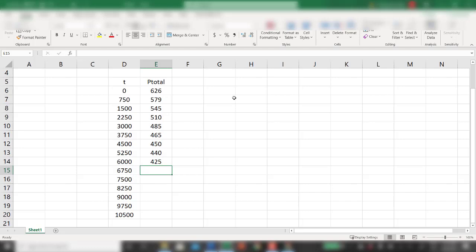Oops, I think I might have made some mistake here. Let's see. Okay, I think the values aren't that straightforward.